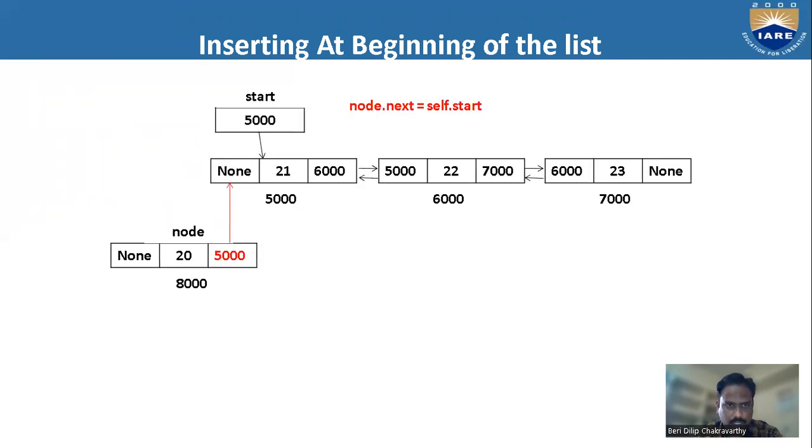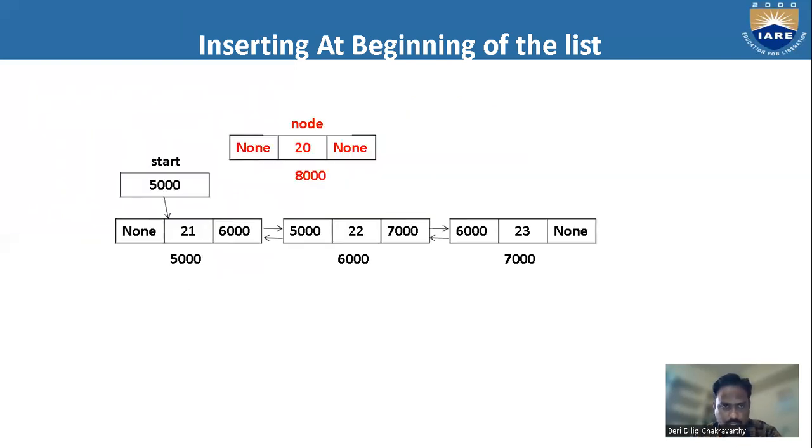As I have taken a new node, first I'm giving the address of this node here, so I'm just placing 5000. I hope it is clear. Simply what we are doing is, in the new node, here I am placing the address of this one.